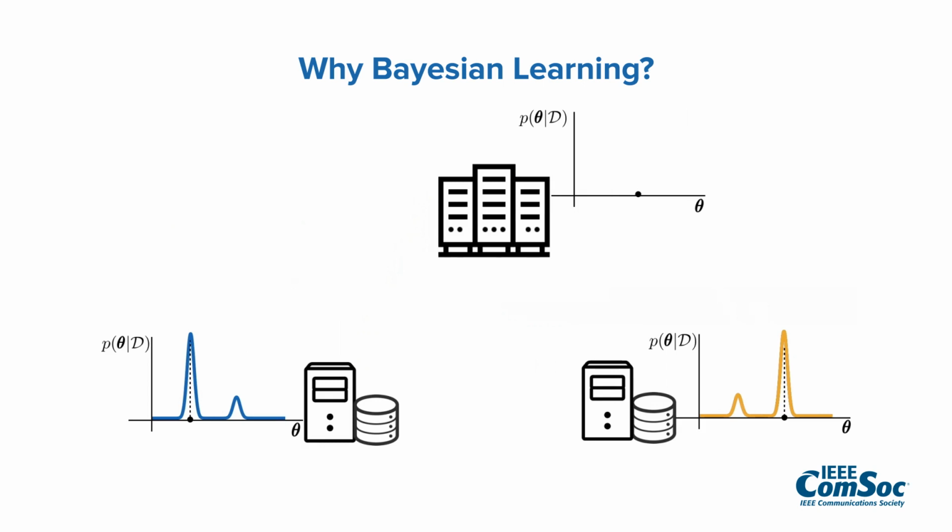If we use Bayes learning, each device has its own posterior distribution, which is computed from the local dataset. In principle, we can simply multiply these two posteriors and get the global posterior, which clearly indicates that there are two parts in the space that are useful for both devices. So, Bayes learning gives us a principle to combine information from multiple sources.